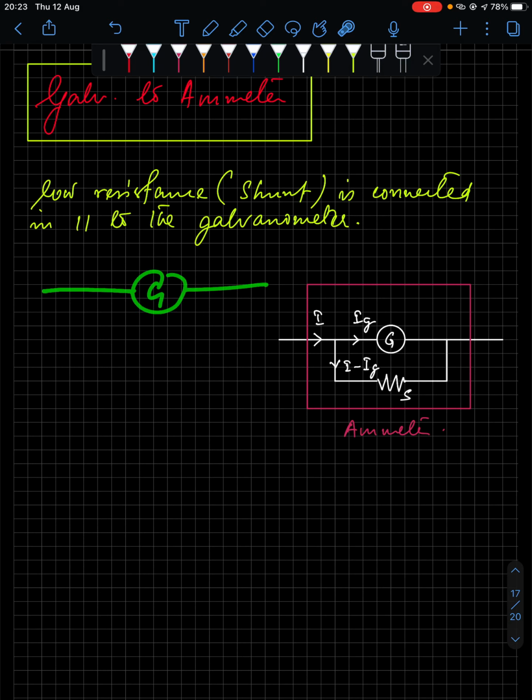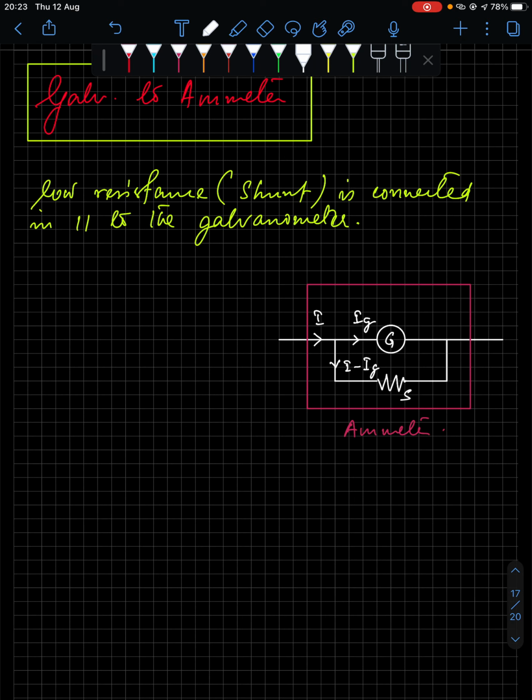Now say the galvanometer was this previously. It was allowing Ig current to pass through it. Now you are connecting this shunt, and when current I is passing through the ammeter, Ig is passing through the galvanometer, then I minus Ig will pass through the shunt. Clear?